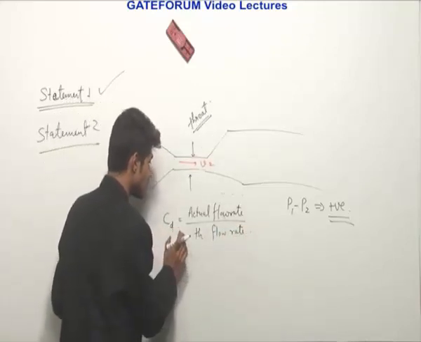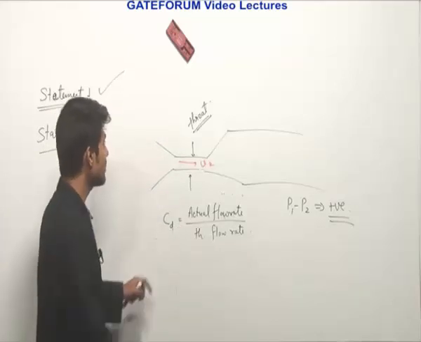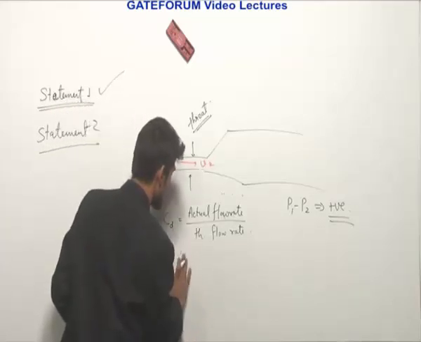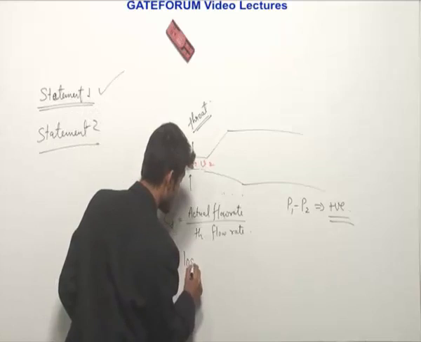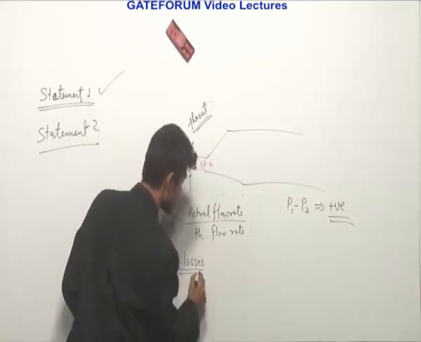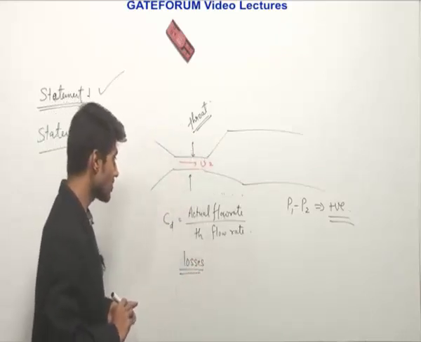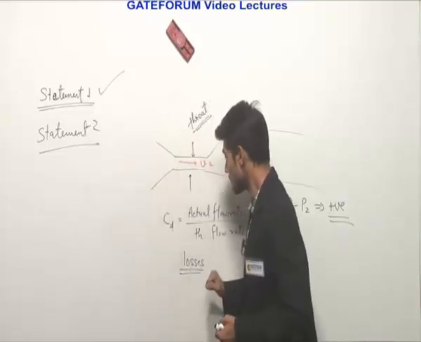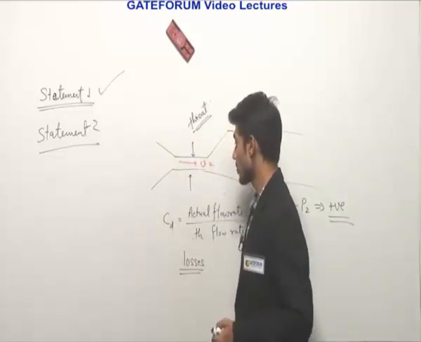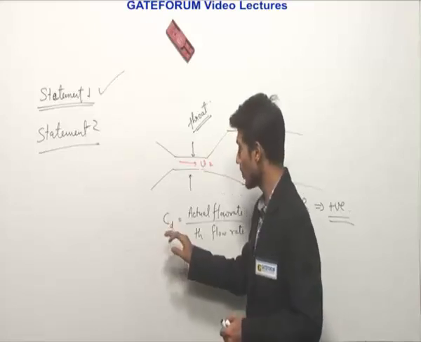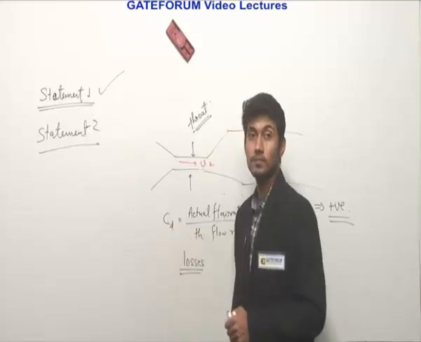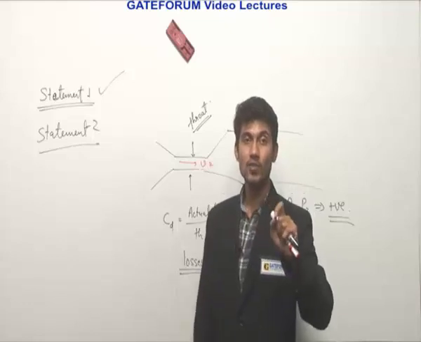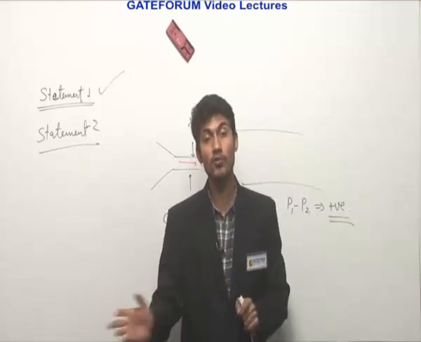Coefficient of discharge comes into picture wherever there are losses happening. So whenever there are losses, energy losses happen, some head loss is there, some turbulence is there. Due to these losses, this coefficient of discharge comes into picture. The coefficient of discharge of venturimeter accounts for non-uniformity of flow.